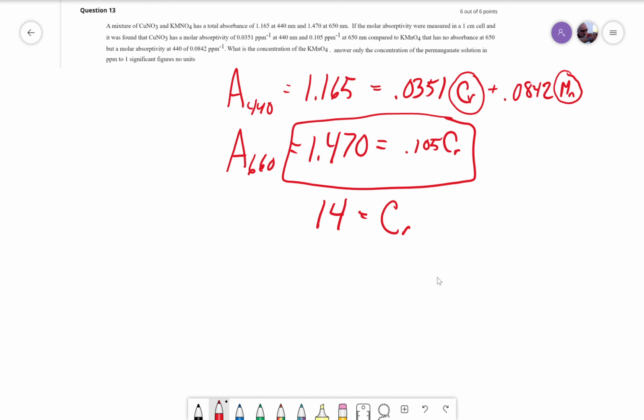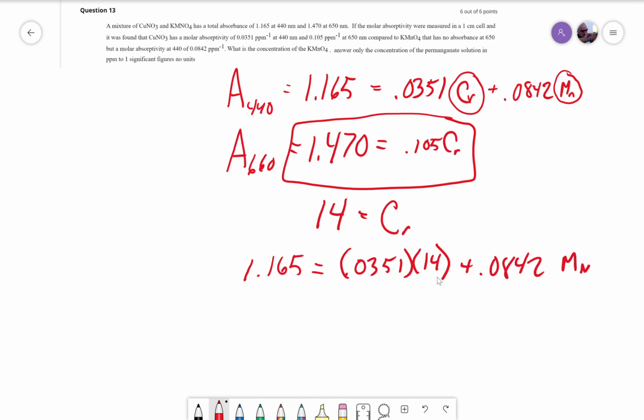Once we have that, we can simply substitute that back into the first equation because we now know that the concentration of the chromate is 14 ppm. Times 0.0842 times the concentration of the permanganate.